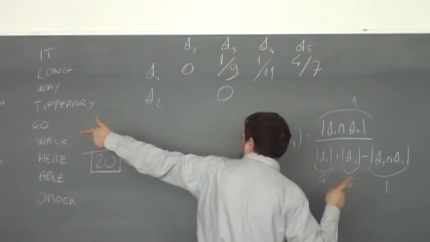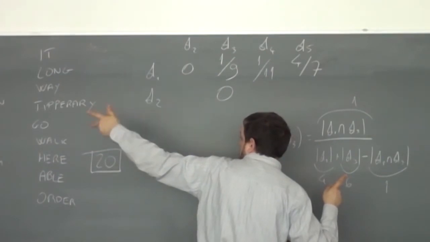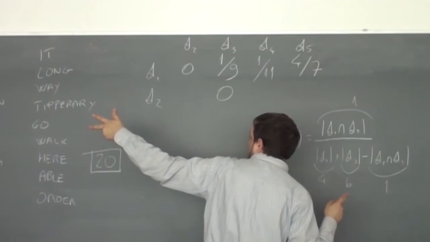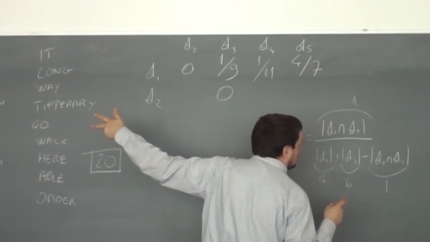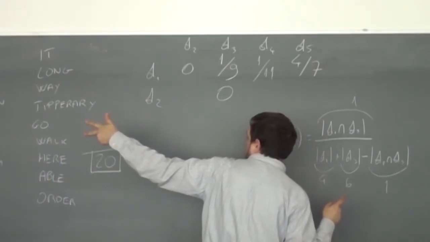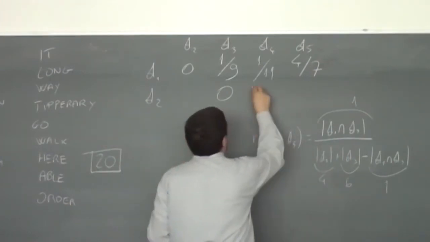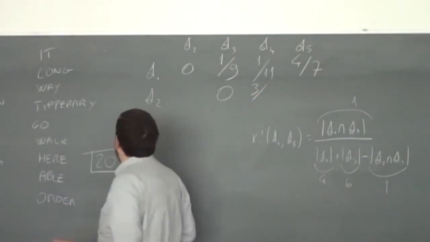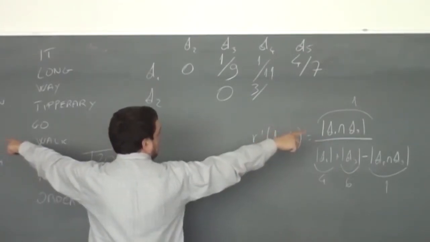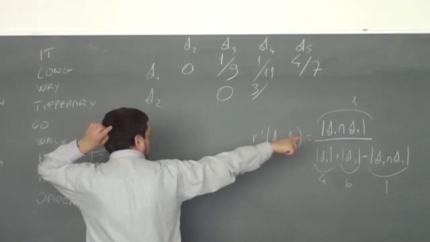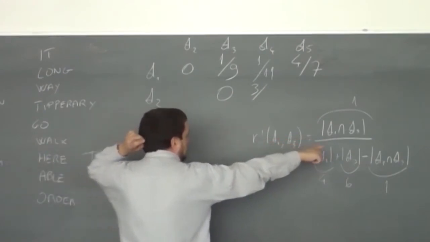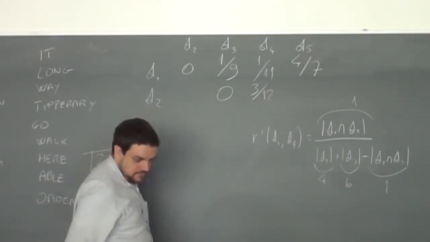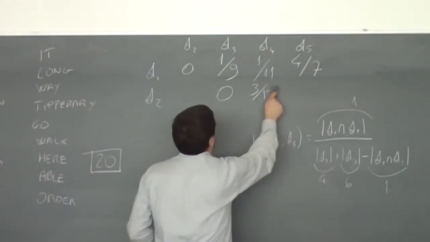I see 3 common terms. Yes. 3 common terms out of 7 plus 8, 15 minus 3, 12. So 3 over 12. Okay, let's just rewrite it as 1/4.